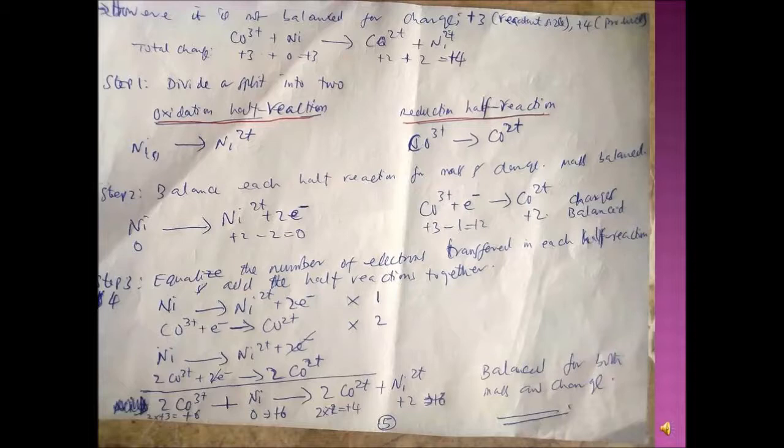So 2 electrons can now cancel 2 electrons. Based on step number 4, by the time you add everything together, we have 2 cobalt 3+ plus nickel giving 2 cobalt 2+ plus nickel 2+. You can also check to see if the charges and everything are balanced for both mass and charge.